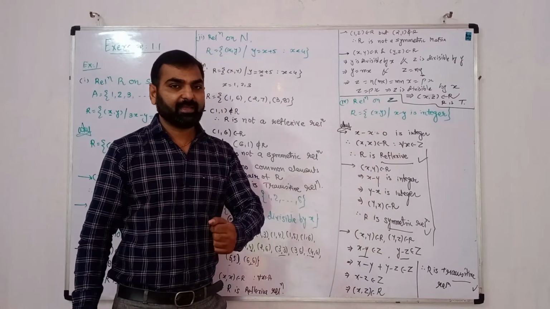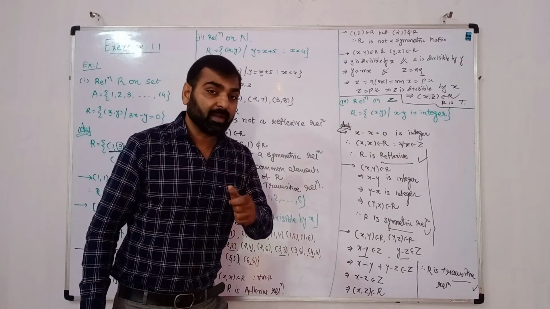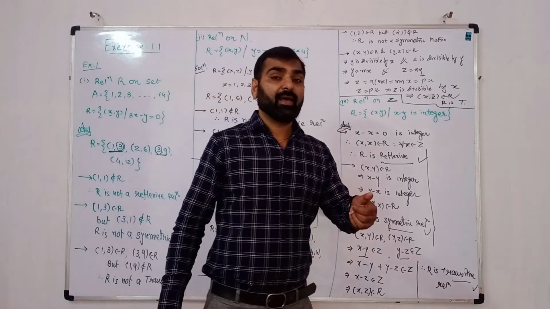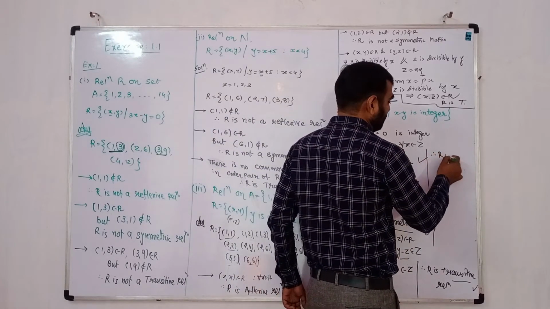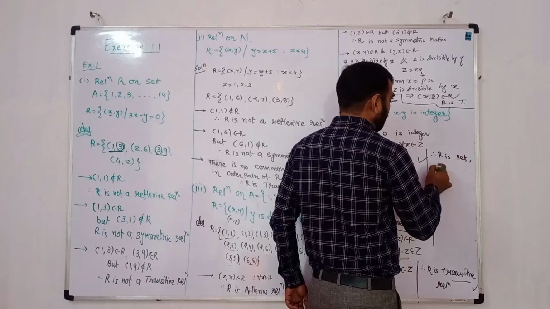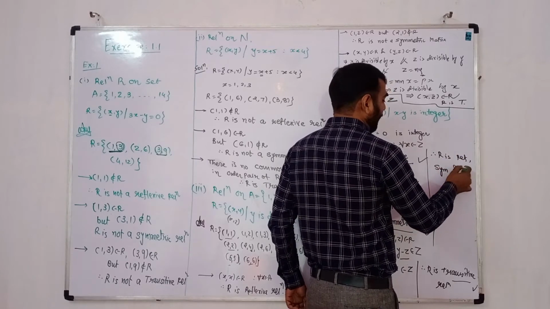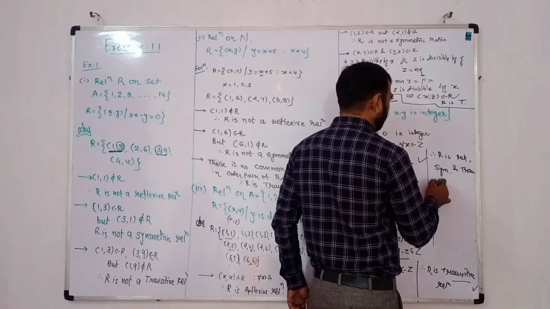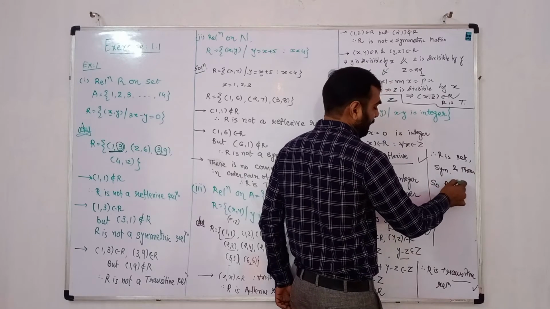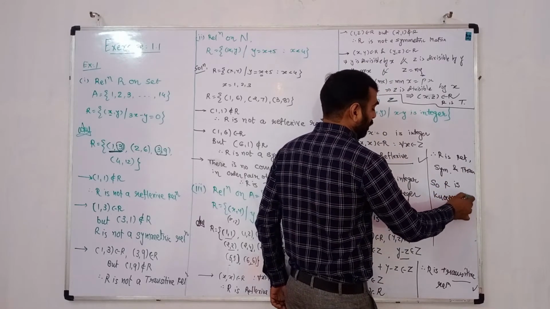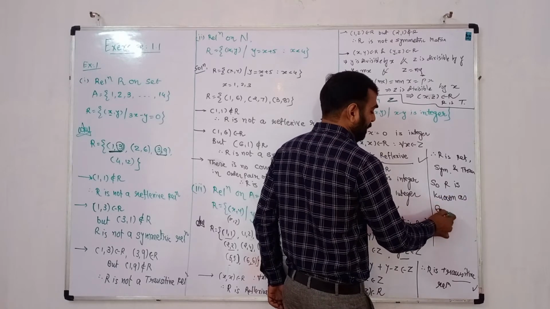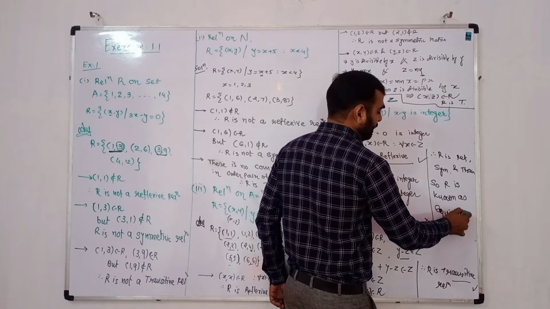That's why we say that it is an equivalence relation. So R is reflexive, symmetric and transitive, so R is known as an equivalence relation.